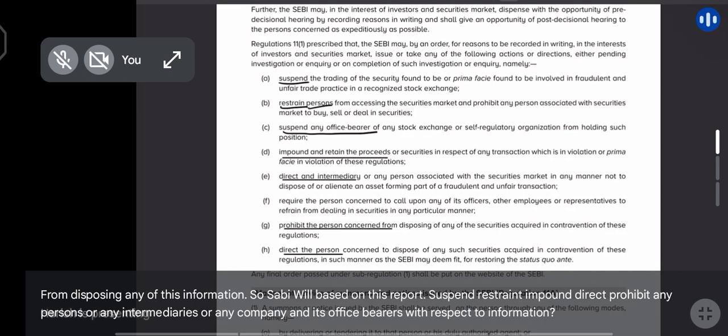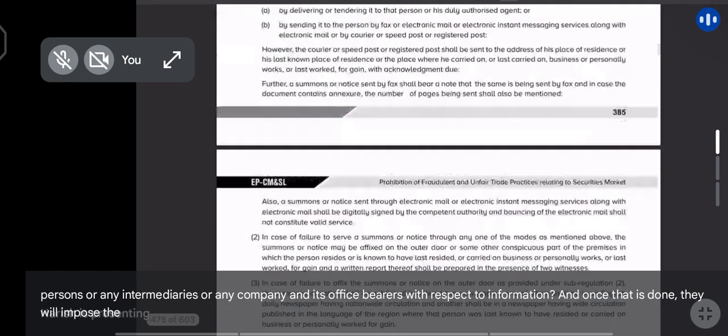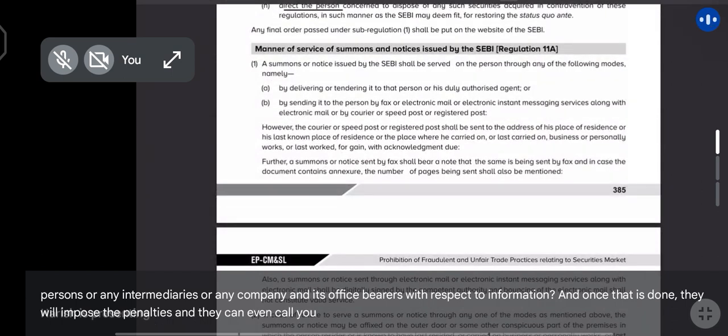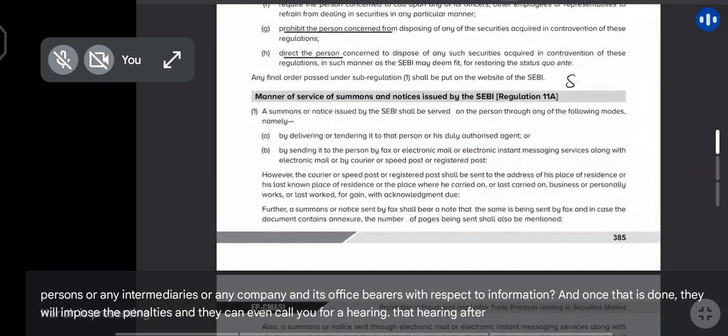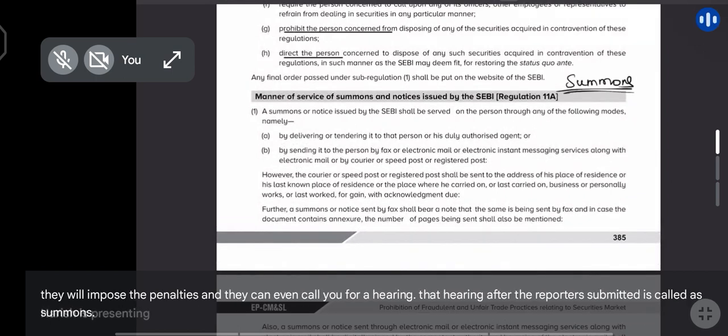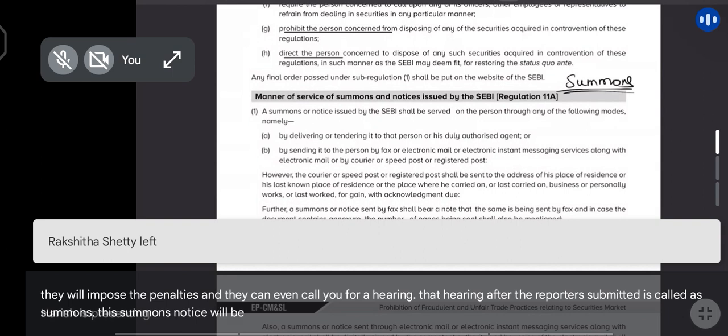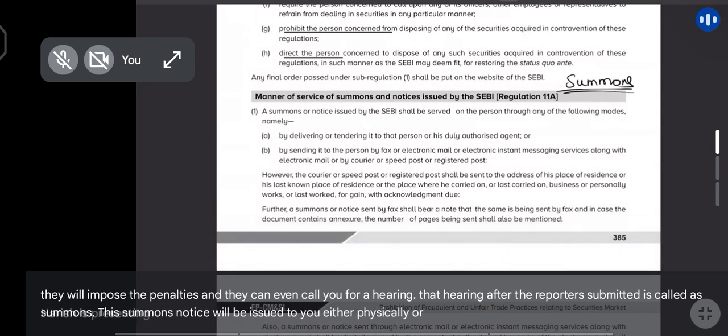And once that is done, they will impose the penalties, and they can even call you for a hearing. That hearing, after the report is submitted, is called summons. This summons notice will be issued to you either physically or electronically.